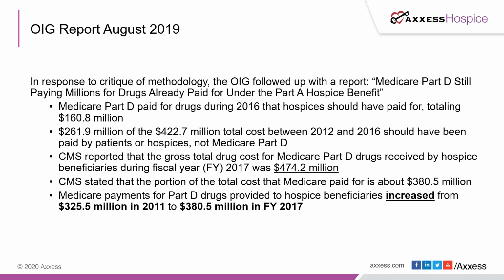What the OIG was saying is that instead of Medicare Part D paying for some of these, the patients or the hospices should be paying for these medications. After everything the OIG put out in 2012 and all those processes to get approvals that didn't really pan out, the spending by Part D just kept going up and up and up.